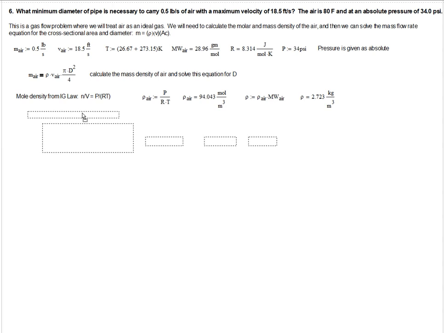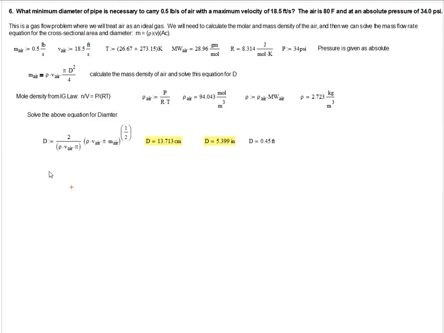Now we can take our mass flow rate equation above and solve for the diameter. We simply do the algebra and solve for the diameter. I use the MathCAD solver to do this. It's a little awkward, but it gives you the same equivalent answer. We solve for the diameter.